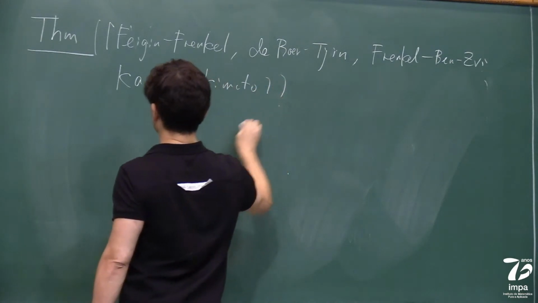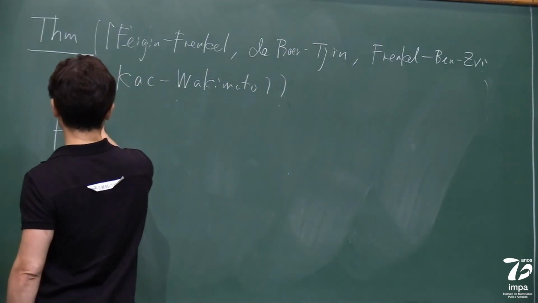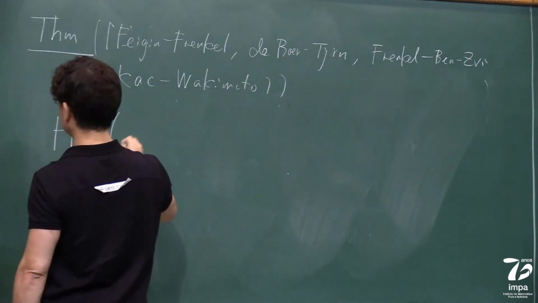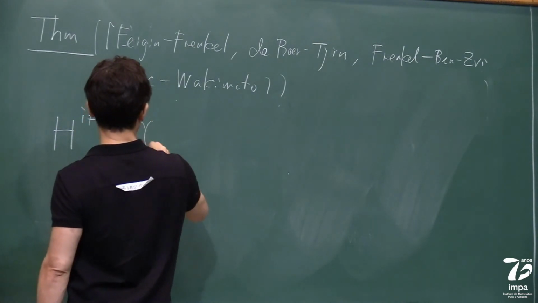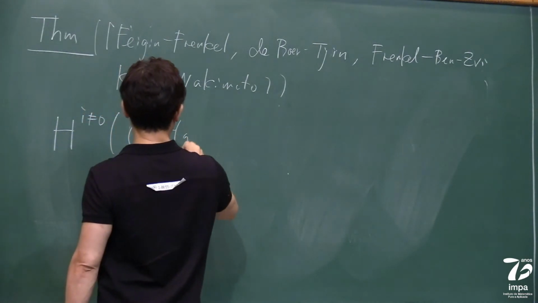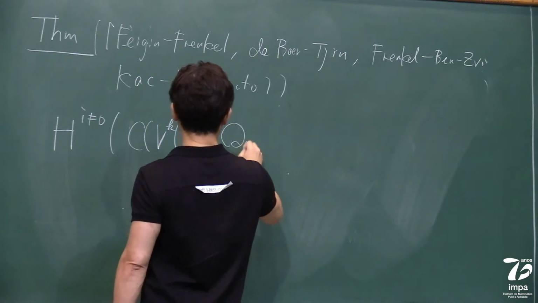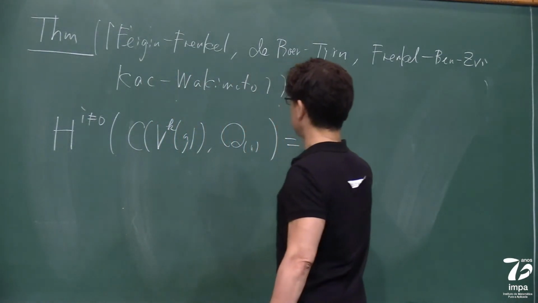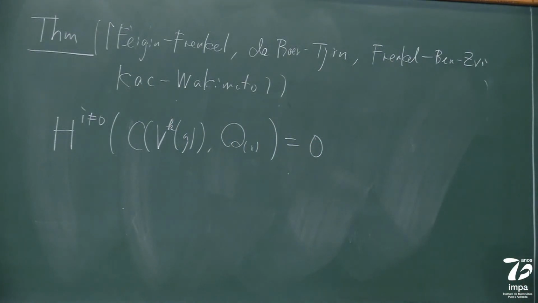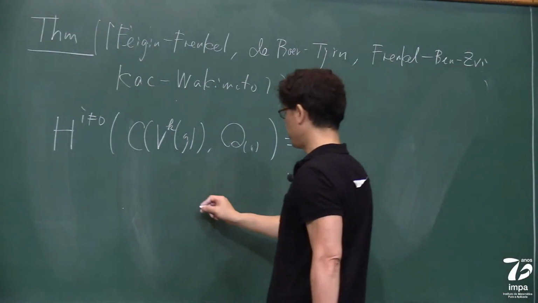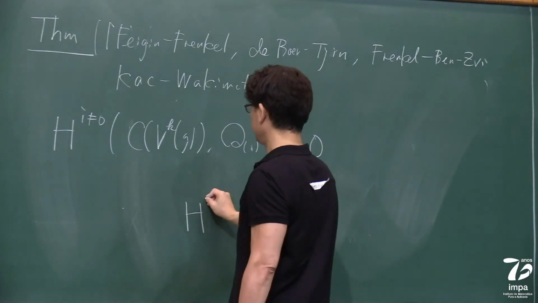That this cohomology, we have the cohomology vanishing again. So we have only H^0, which is a vertex algebra because we don't have any odd element.